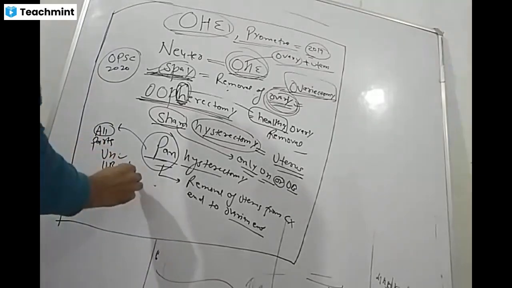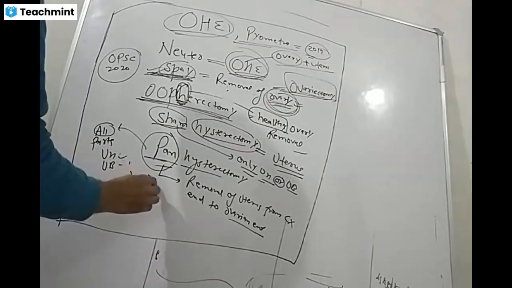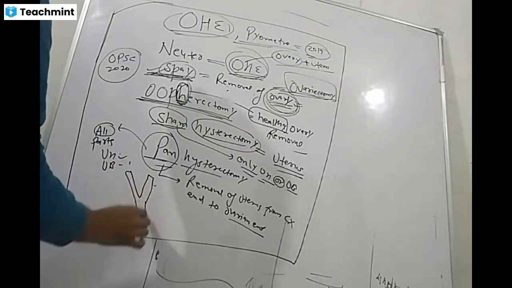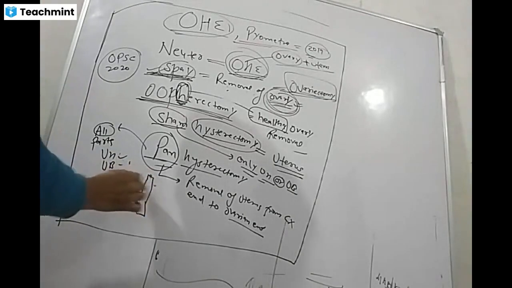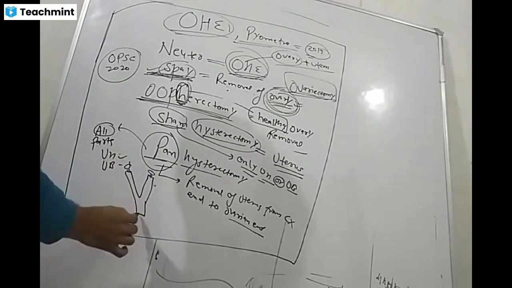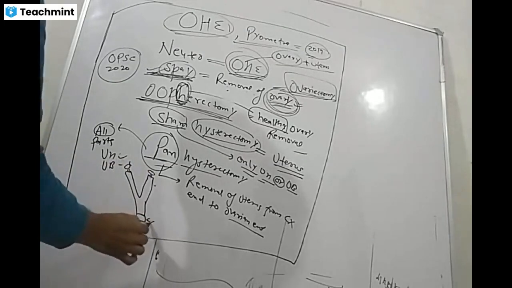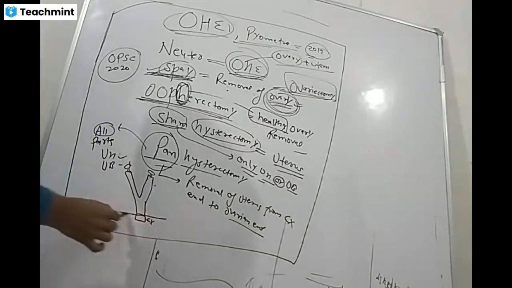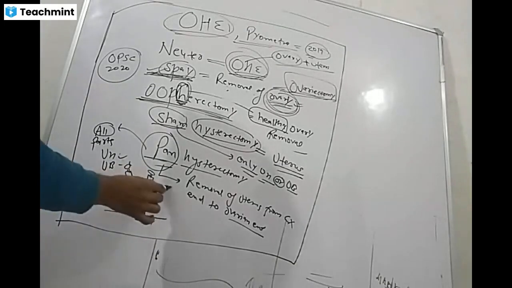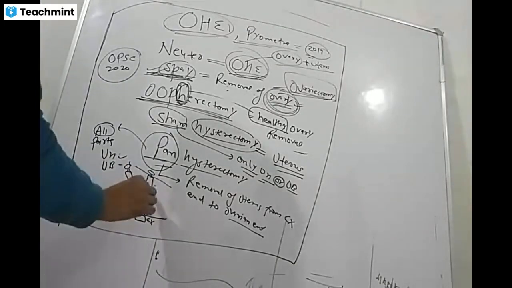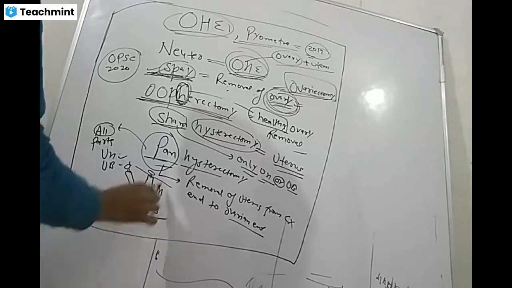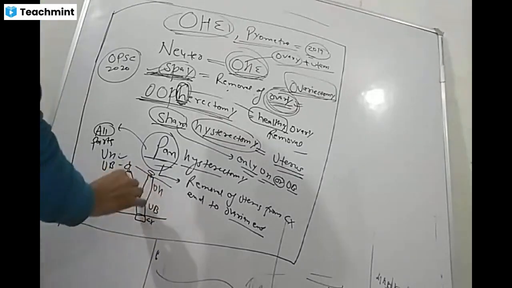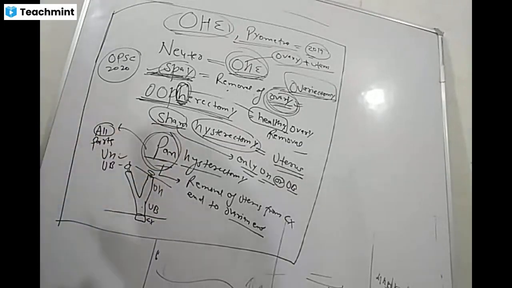If this is the uterus, these two are the horns and this is the body, this is the ovary and this is the cervix. The removal from the cervical end to the ovarian end, which includes uterine horns and uterine body, the complete removal, is called pan hysterectomy.